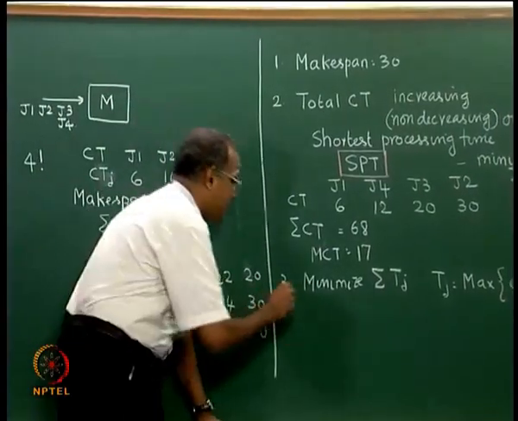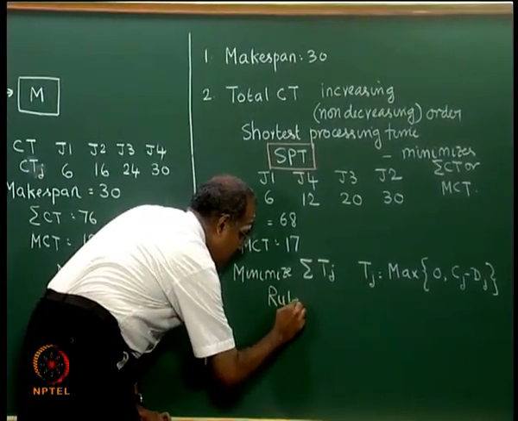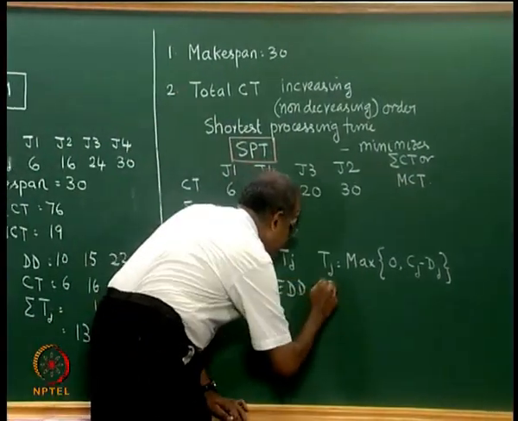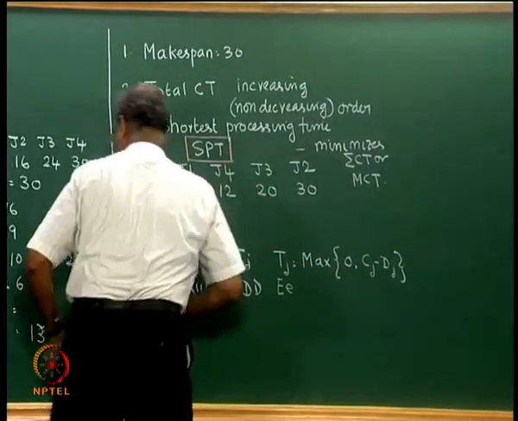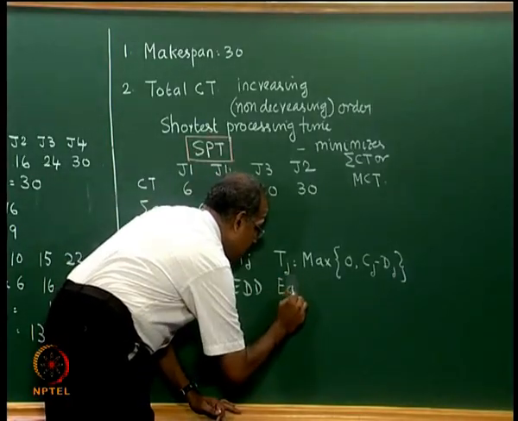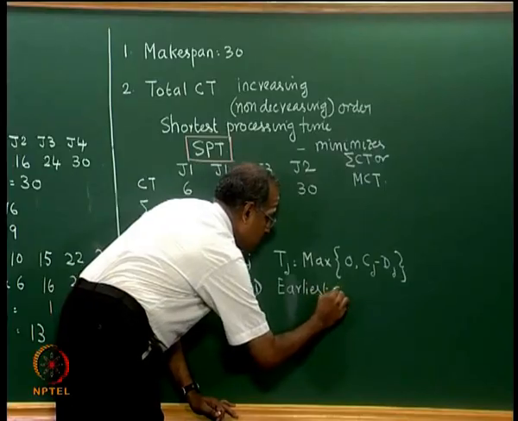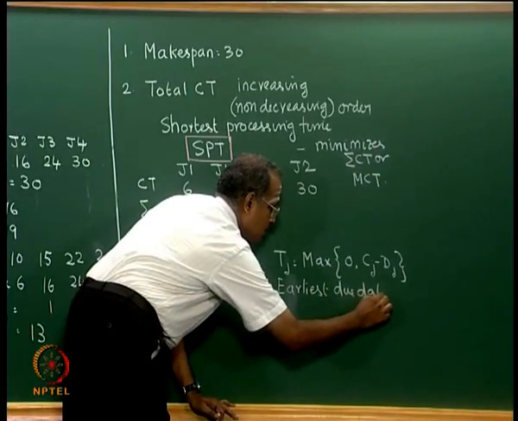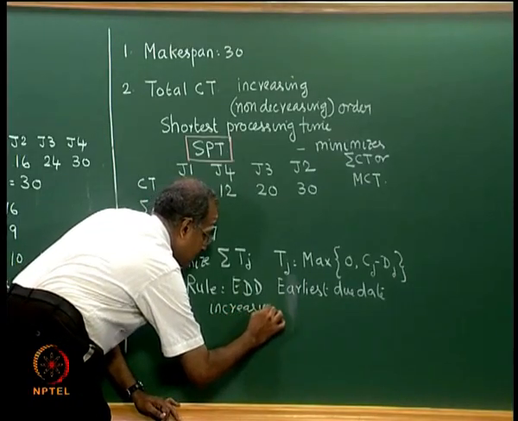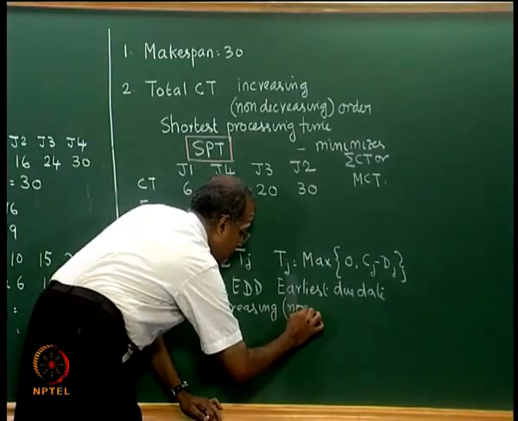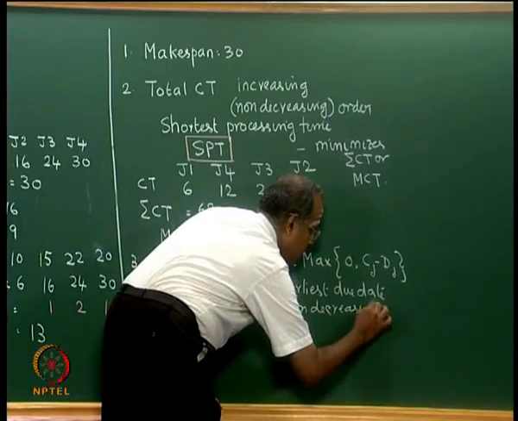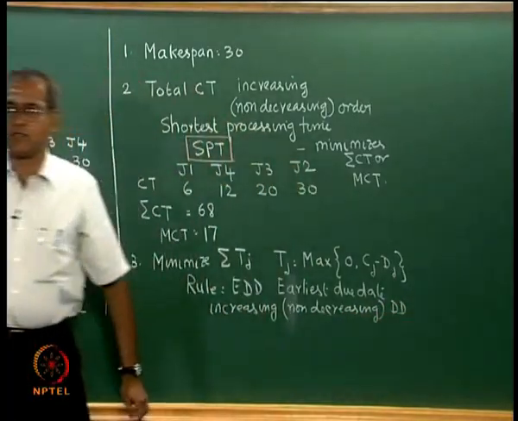So the rule here that we try to use is called EDD, which is called earliest due date, where jobs are arranged in the order of increasing or non decreasing value of the due date.